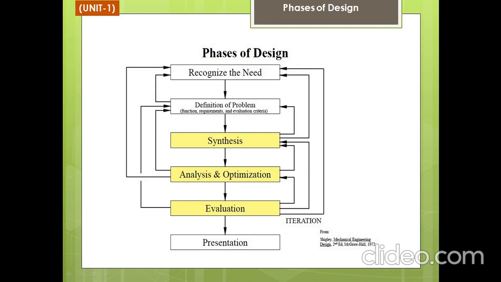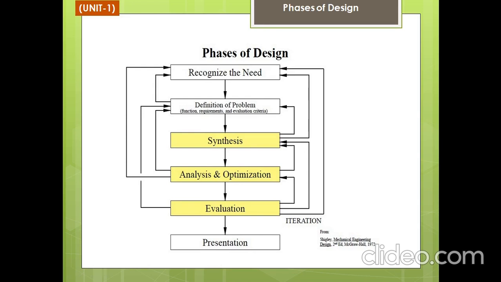Okay. After that phase, the next phase comes: evaluation. Means what you have done here is evaluated. You can say that this phase, evaluation, is the trial of a product.